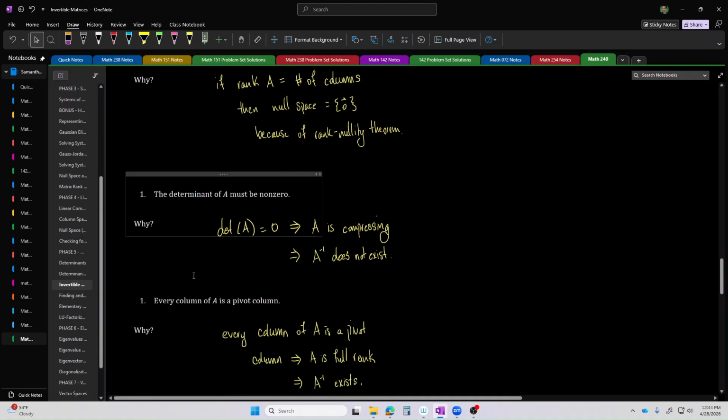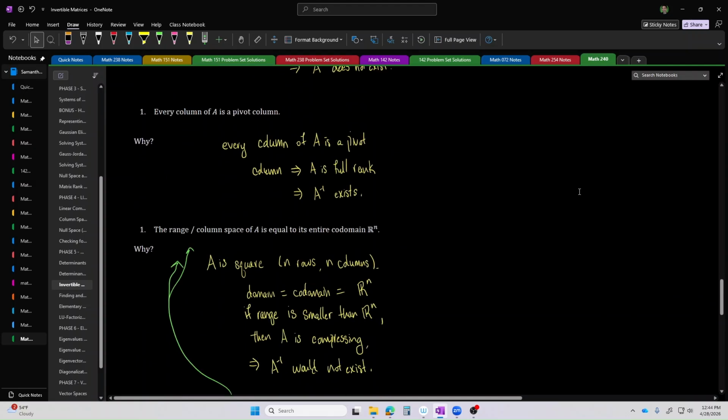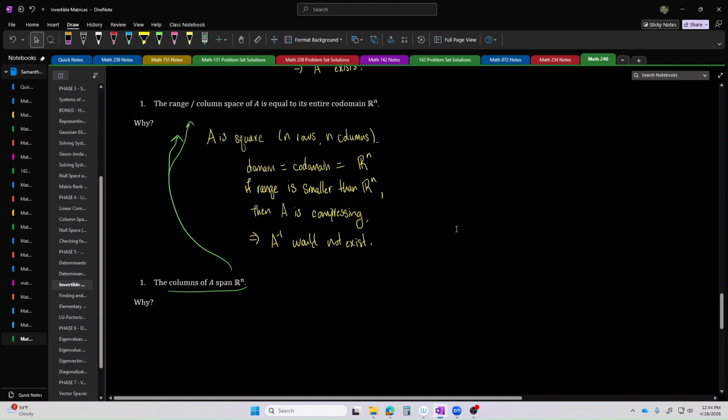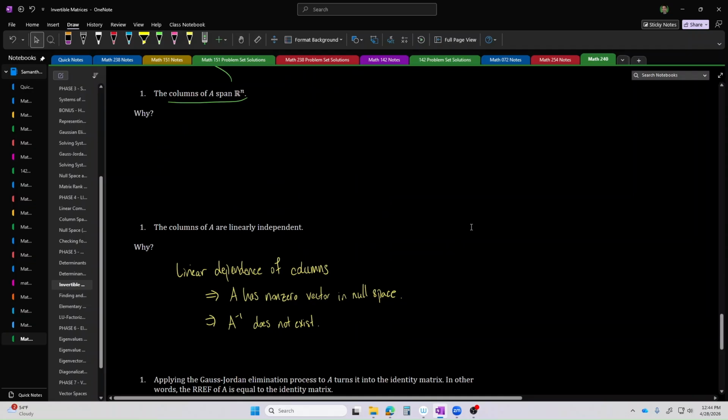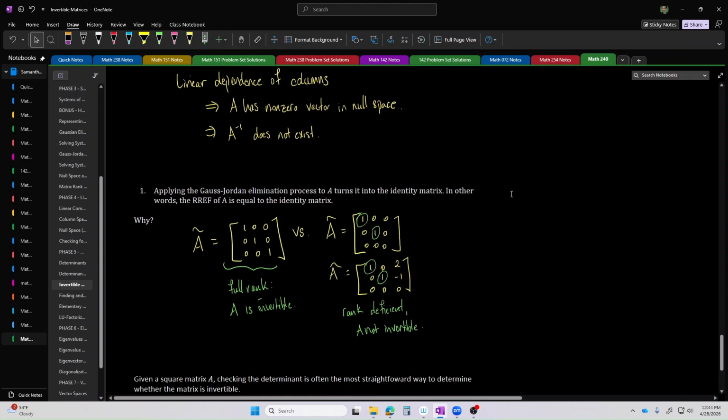You can think about whether the matrix A has a non-zero determinant. You can think about what you're seeing in terms of A's pivot columns. You can think about what you're seeing in terms of the range of the matrix, in terms of the span of the columns, or in terms of the independence of the columns. And you can also think about what A looks like after it has been row reduced.